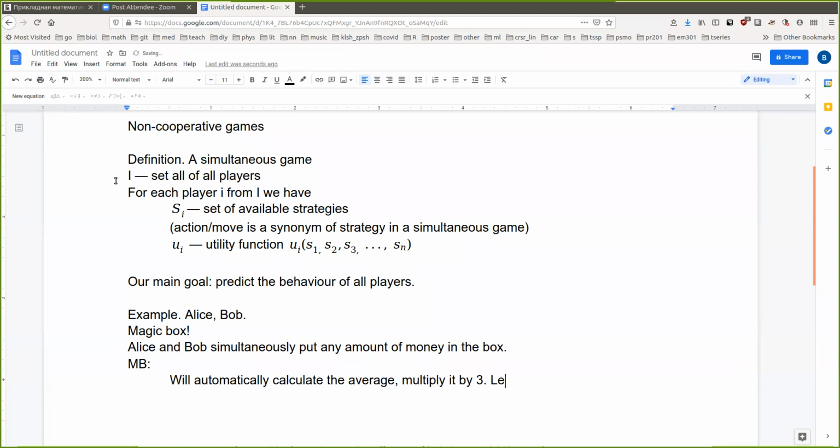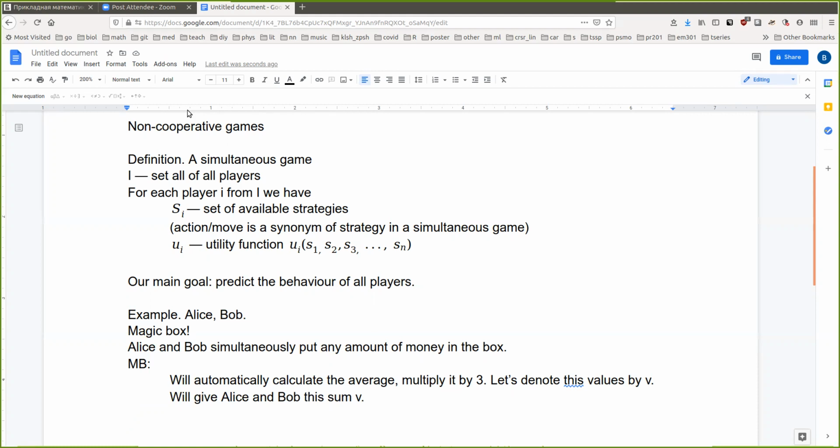Let's denote this value by V. And the magic box will give Alice and Bob this sum V. Okay, the setup is clear.